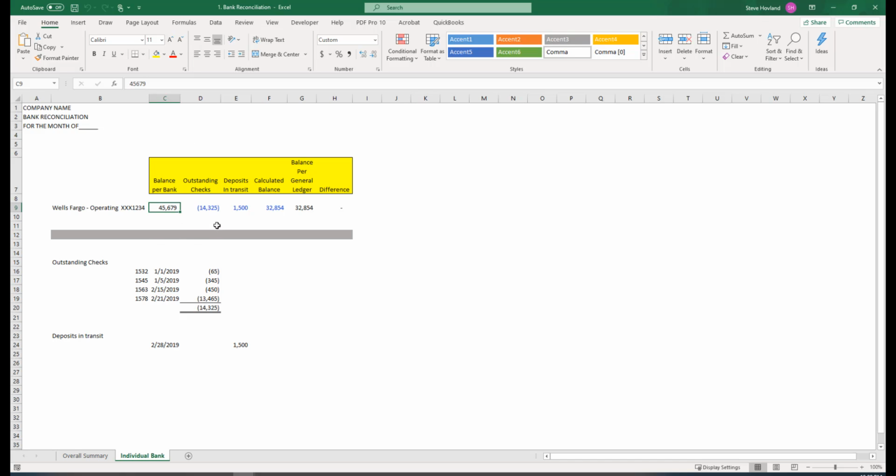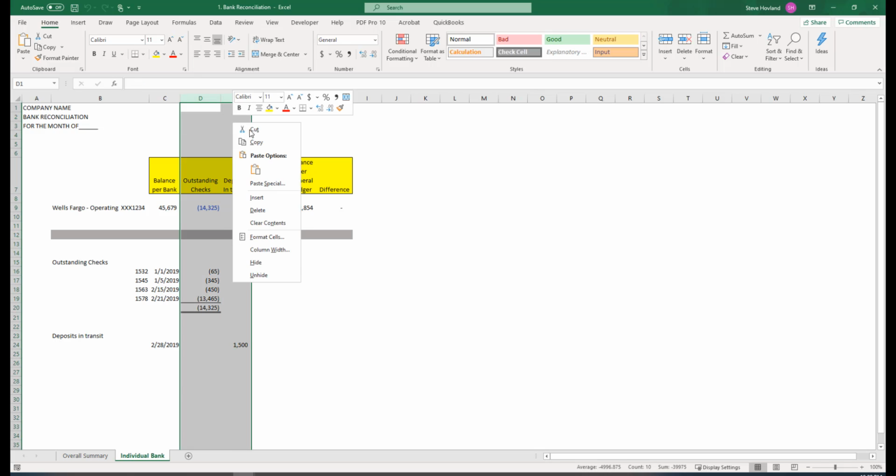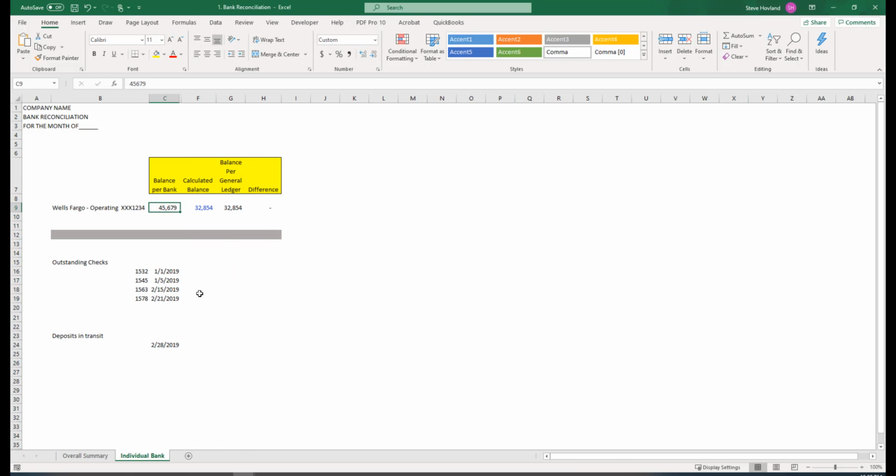Next thing you need to do is say, okay, what outstanding checks do I have that have not been cashed yet? The reason being is that those checks are still outstanding, so they haven't hit the bank balance. If we were just to completely ignore the deposits in transit and outstanding checks, and just said, here's my balance per bank, here's my balance per the general ledger, you'd be like, well, why are they not working?